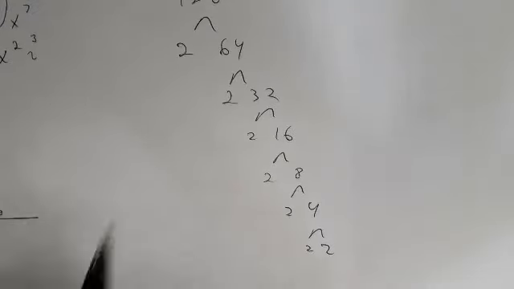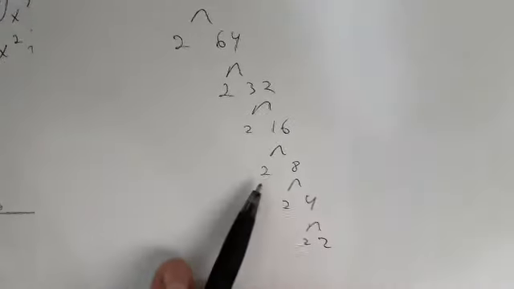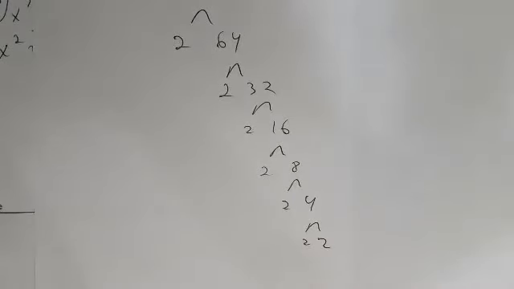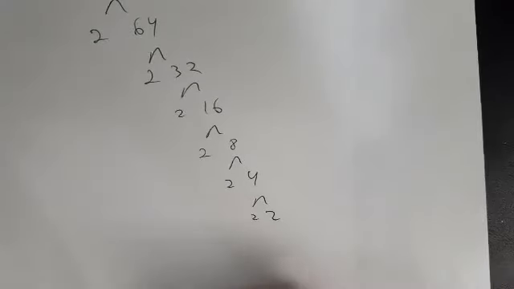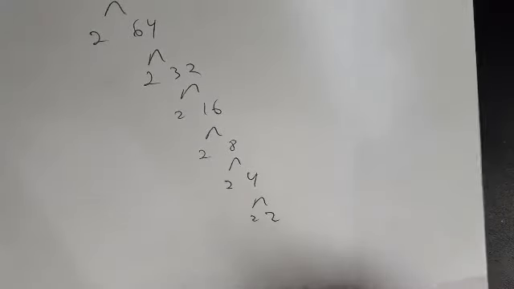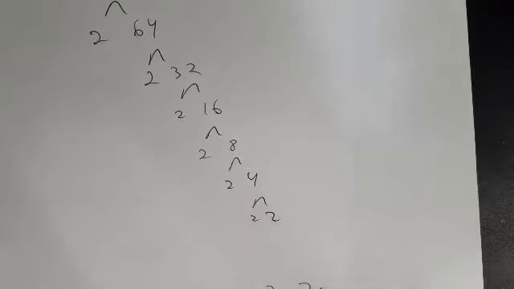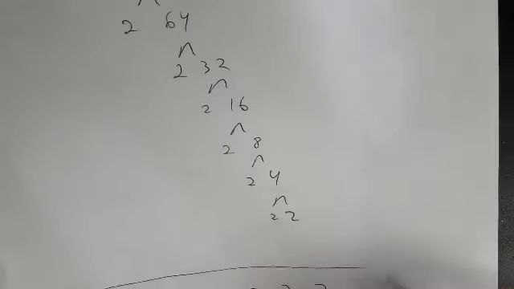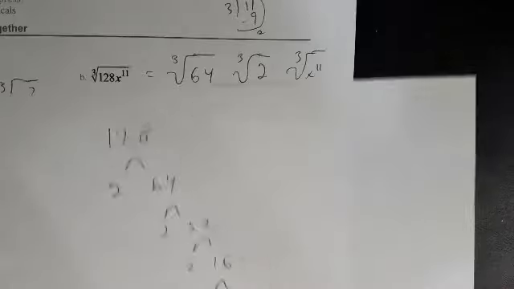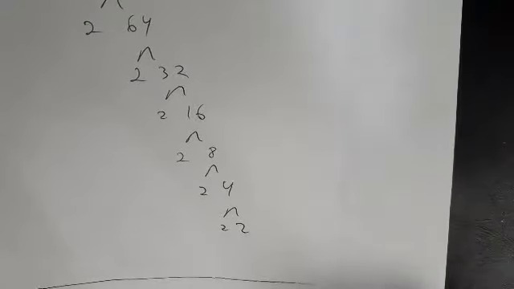If we do this, we get 1, 2, 3, 4, 5, 6, 7. There are 7 2s in there. And we still have x to the 11th in there.